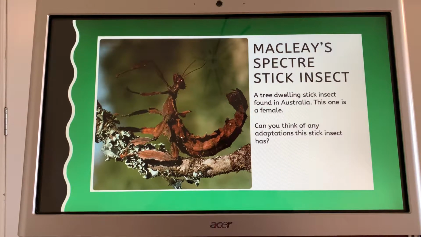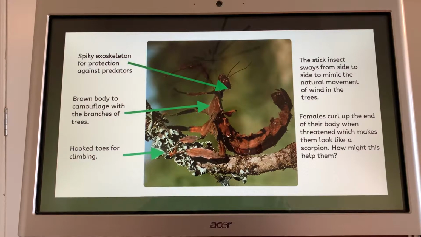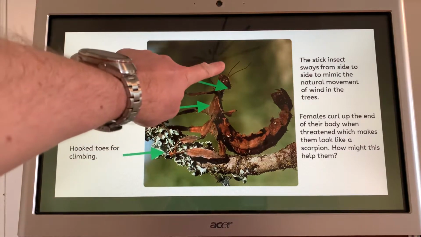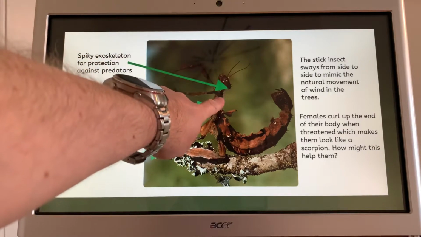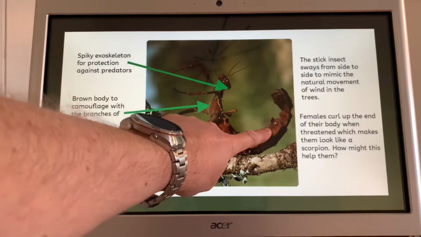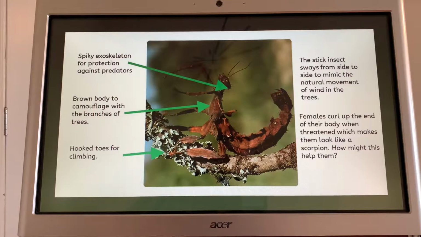You can see its spiky exoskeleton. So if you look carefully all the way down its back, so its head, thorax and abdomen, the spiky exoskeleton is there for protection against predators. It has a brown body to camouflage with the branches of trees and hooked toes for climbing.